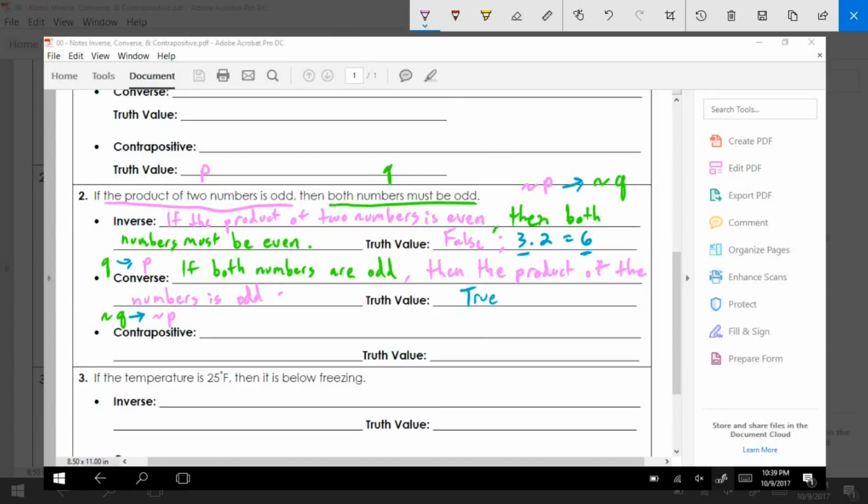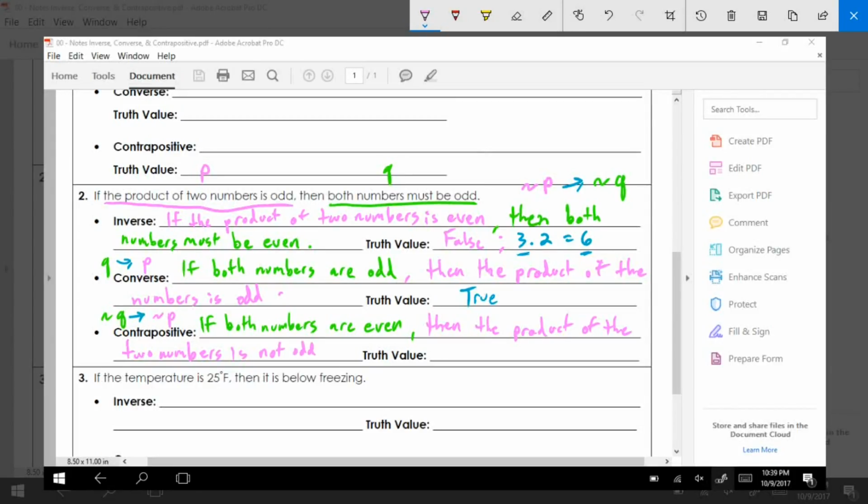Okay, so remember, Q was both numbers must be odd. So not Q is if both numbers are even. Remember, we wrote it up here, then both numbers must be even. So if both numbers are even, then the product of the two numbers is not odd.